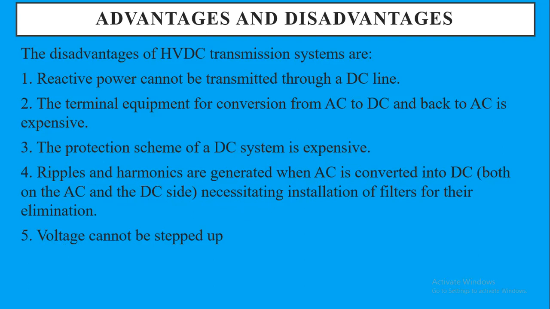So we need to convert from DC to AC and then step up. And before DC, we need to step up in AC and then after stepping up, we convert by the rectifier into DC and then further use it for the particular purpose of HVDC systems.